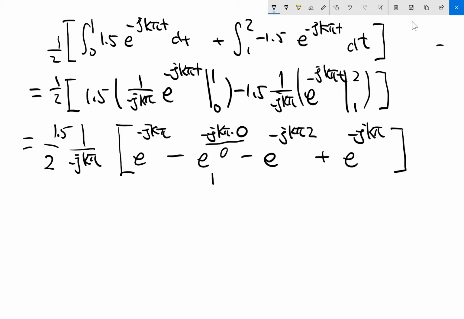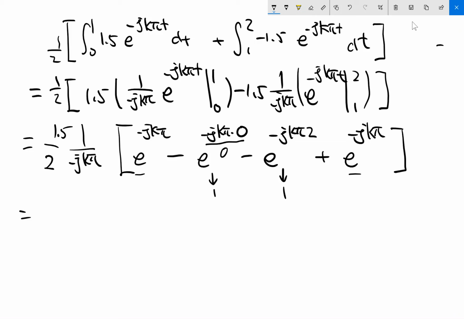Okay. And this part is 0, so e to the power of 0 is just 1. This is something we had in the previous example. It's 2k pi, even though it's minus, so it's 2 pi something. So this one is also 1, right? We did it in the previous example. And this one and that one are the same. So we can simplify it as 1.5 over 2.